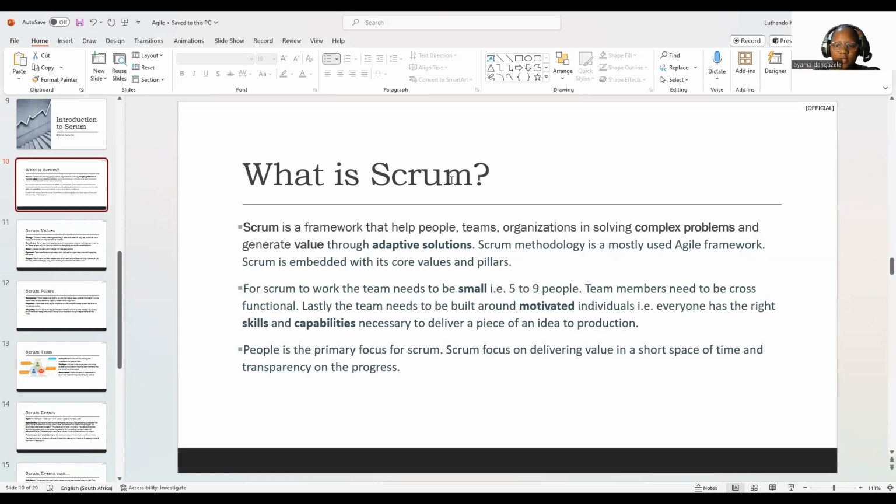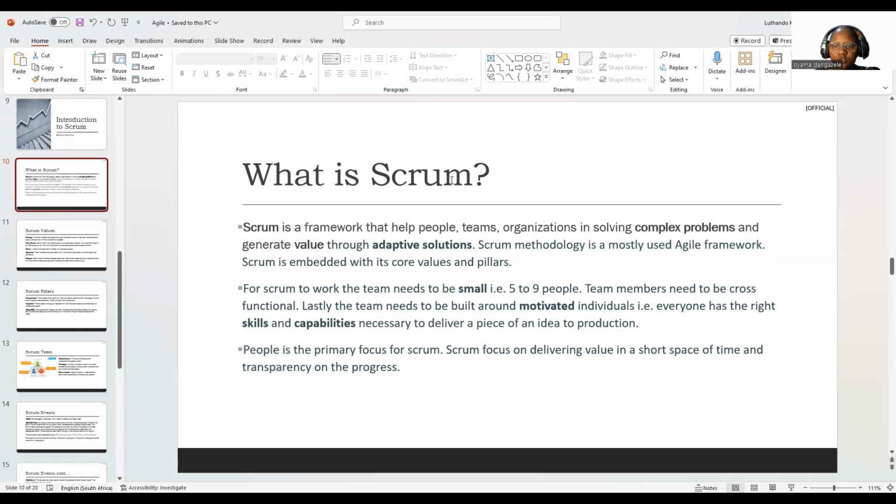So we need people that are able to do all that work without going to another team and requesting a team member to assist with testing. We need a team formation that has individuals with the right skill set. That's what we mean by cross-functional. And this team needs to be built around motivated individuals.